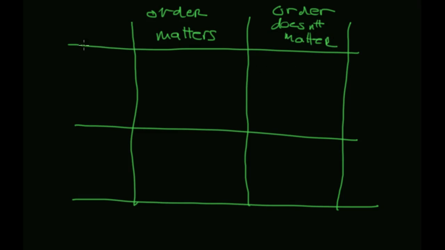We have a situation where we have without replacement, and we have a situation with replacement. If I'm without replacement, I can only choose each object once. If I am with replacement, I can keep choosing the same object over and over again.